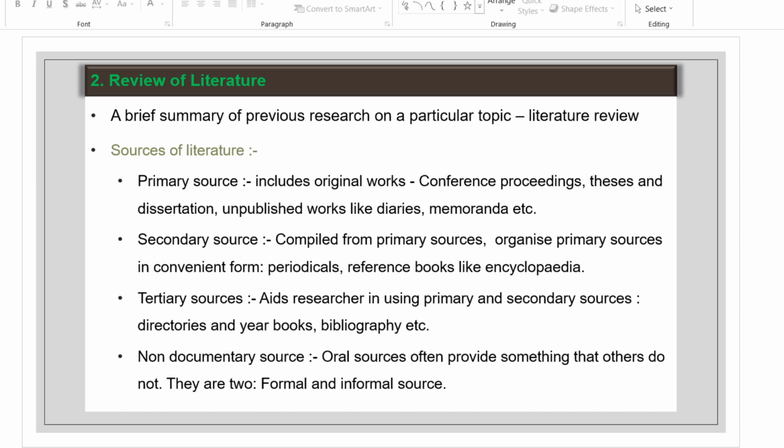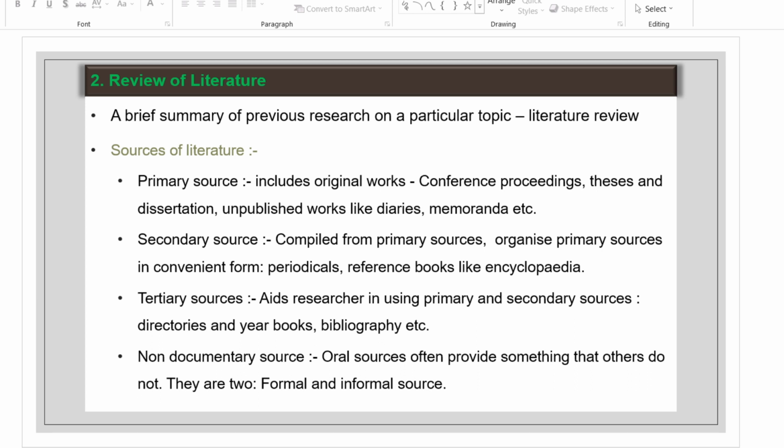The various sources of literature are mainly 4: primary source, secondary source, tertiary source, non-documentary source. Primary source means these include the original works. Examples are conference proceedings, thesis and dissertation works like projects, unpublished works like diaries, memoranda. These all are a part of primary source itself.